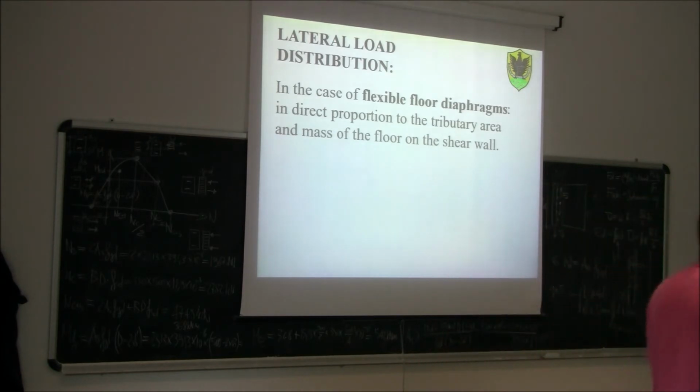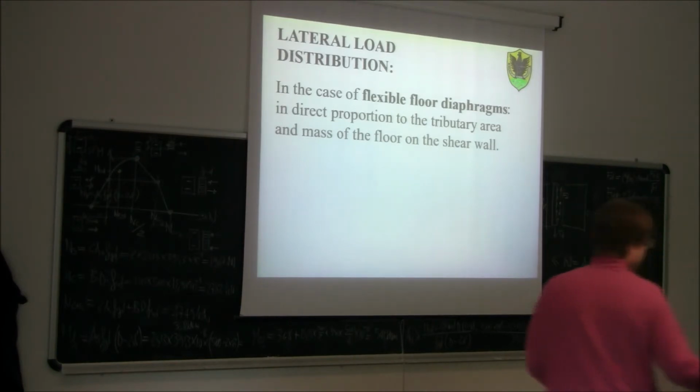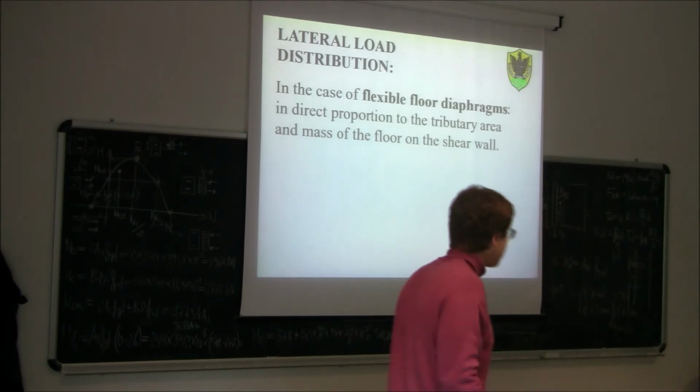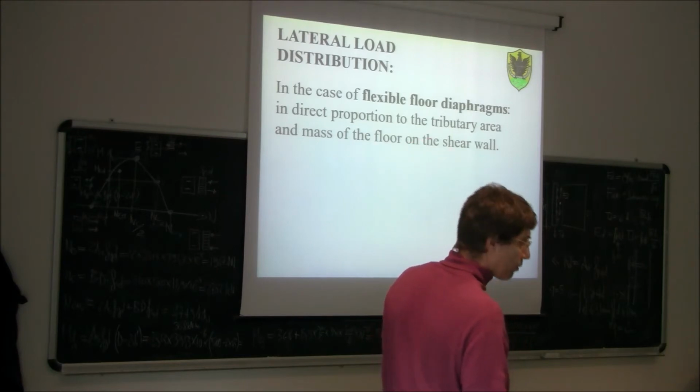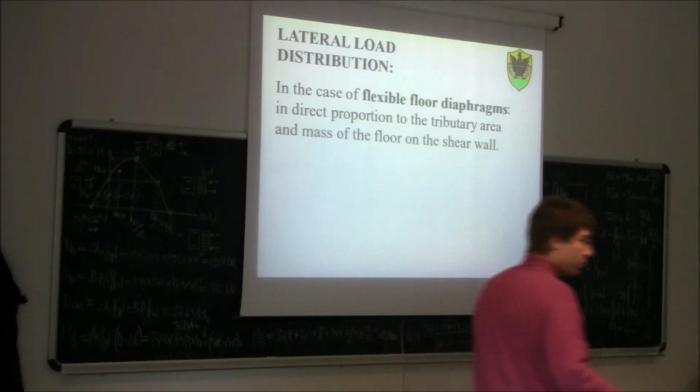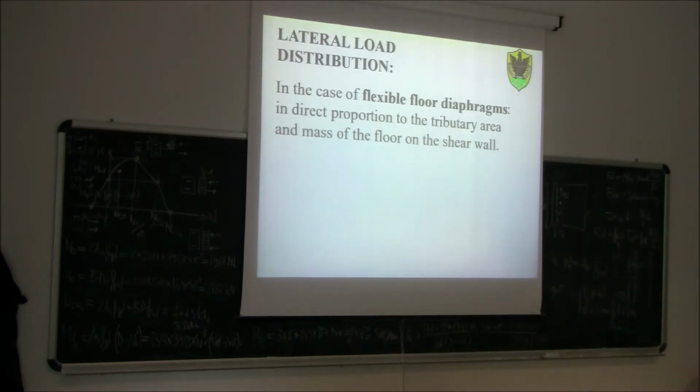This is closer to an infinitely flexible floor, at least in plane. So if I'm talking about a flexible diaphragm, in this case, the seismic shear will be distributed between the different walls in direct proportion to the tributary area and mass of the floor of the shear wall, not using the other criteria. Okay?